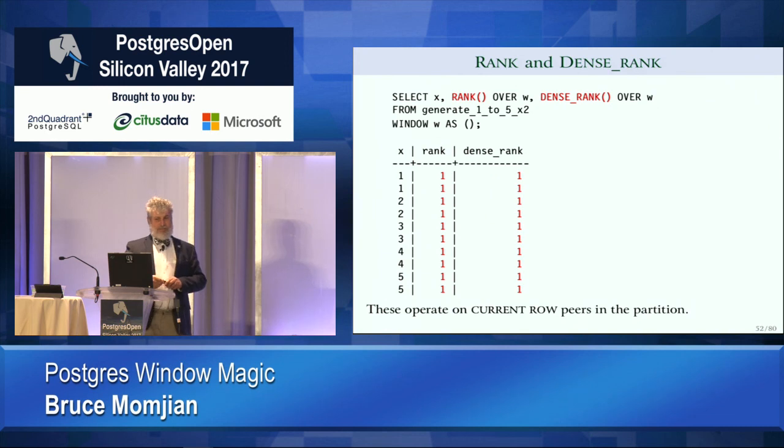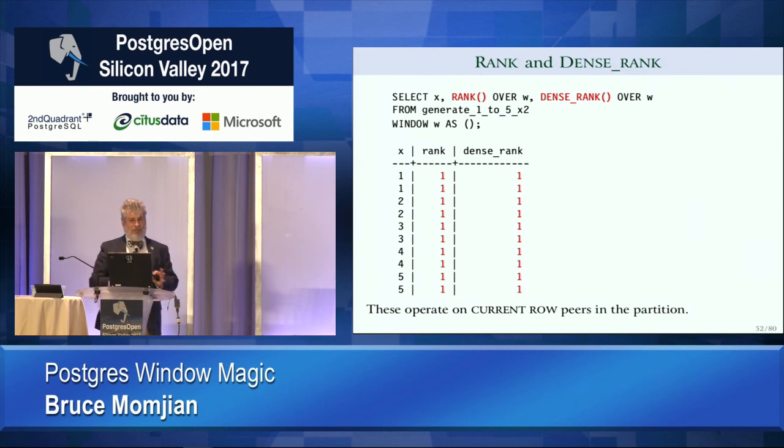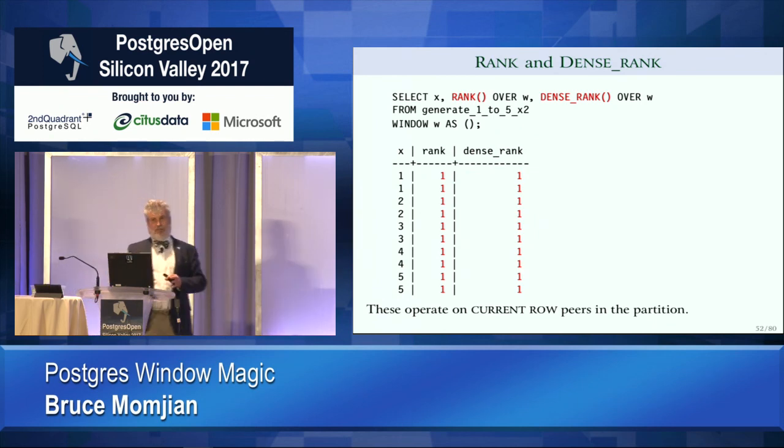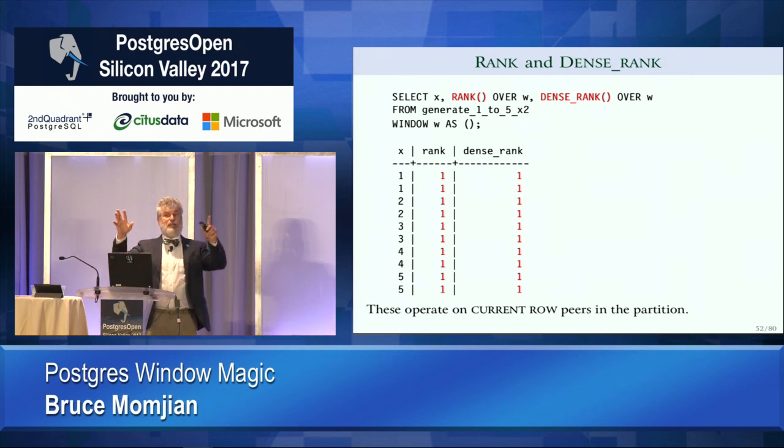New function. We're getting really interesting now. There is a rank function and there's a dense rank function. What these are attempting to do is to rank my values based on some ordering in the partition.